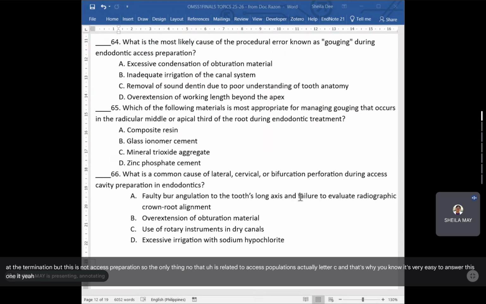Number 65. Which of the following materials is most appropriate for managing gouging that occurs in the radicular middle or apical third of the root during endodontic treatment? Anyone like to answer this one?